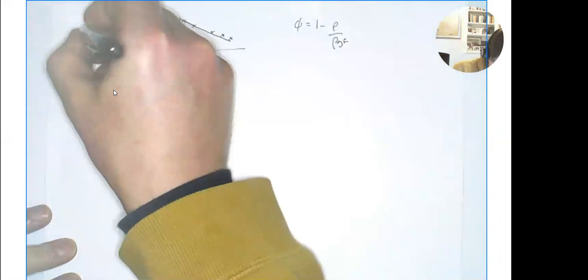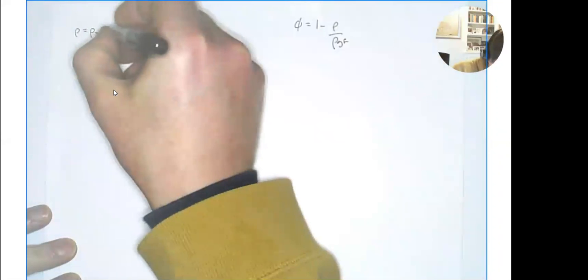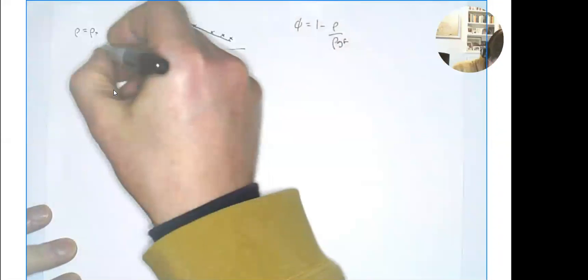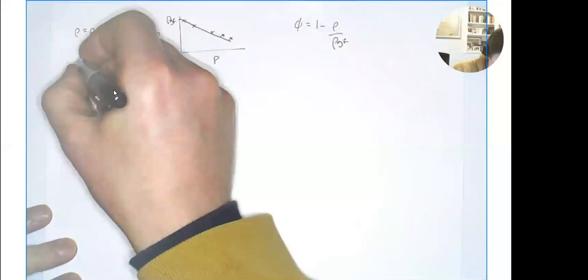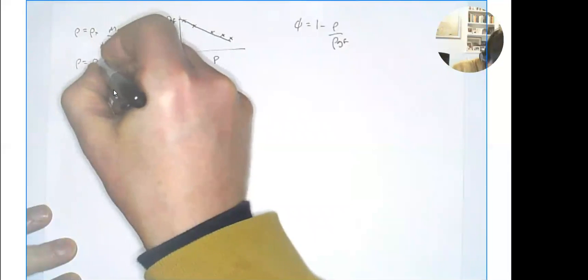We've already looked at this calculation of rho. We did that before. And we did the error propagation. We used a value of xylene density.